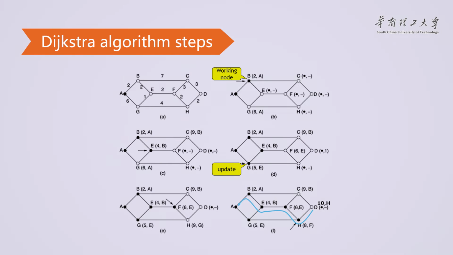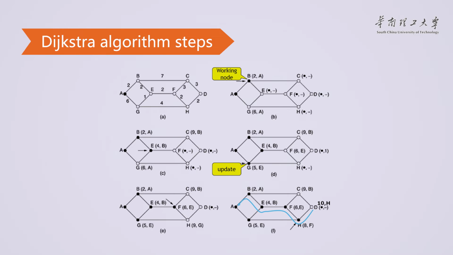We have an example here to explain the shortest path algorithm. In this network, we have 8 nodes, and we start from node A. The destination is node D. We are looking for the shortest path between A and D. Initially, we set A as the working node. Following the same algorithm, the 2 connected nodes B and G are marked. Then we pick B as the working node, as the distance from A to B is the least.